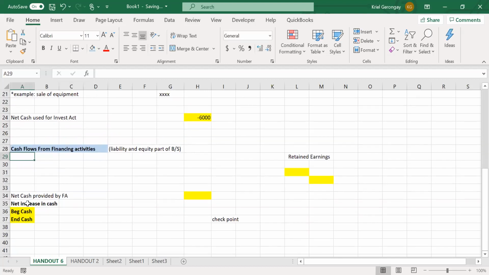On the liability part, you don't really have any long-term liability, right? So you can just move forward to common stock. Here there's an increase in common stock, which means you issued more common stock in exchange for cash, right?